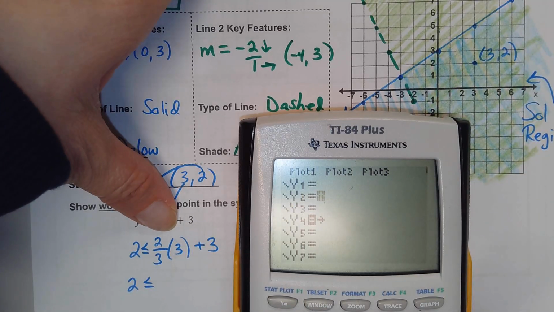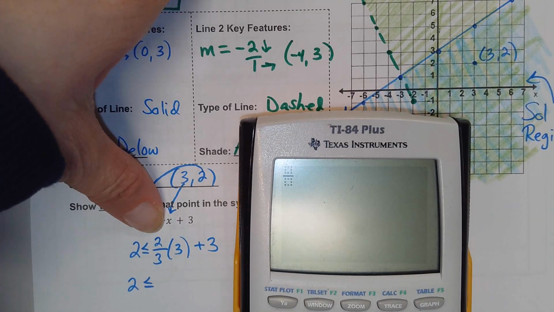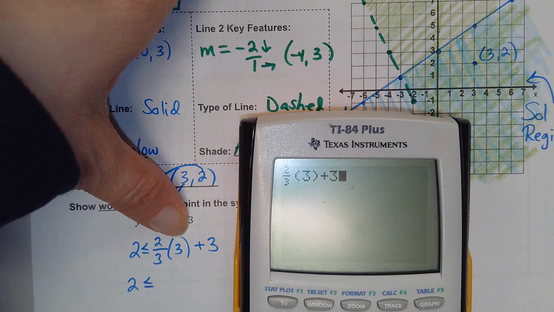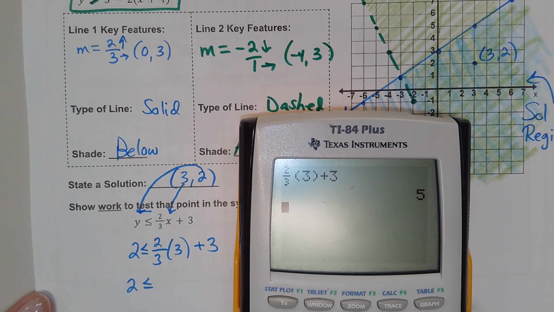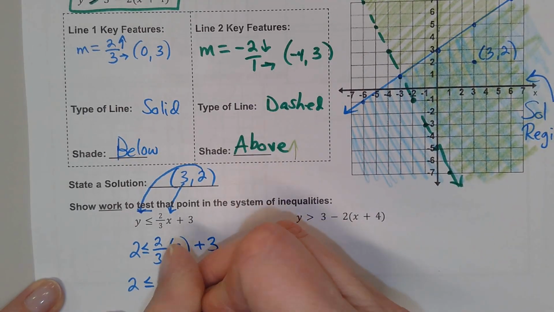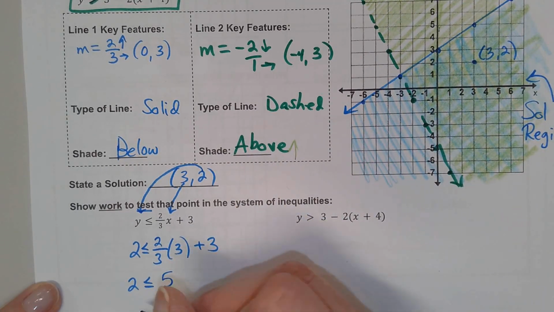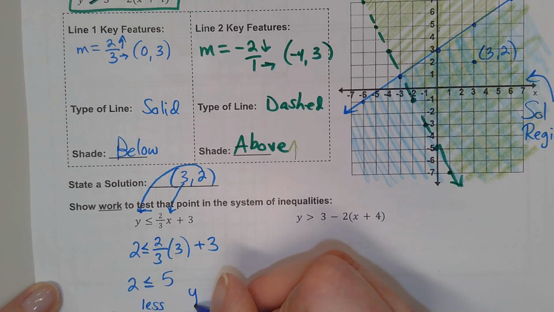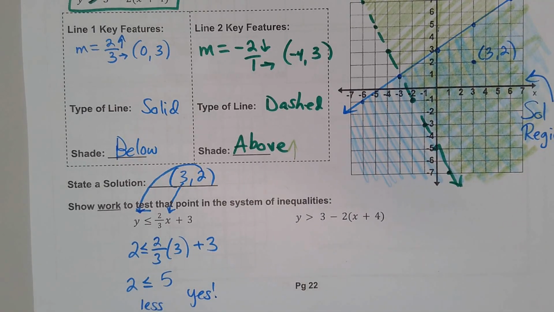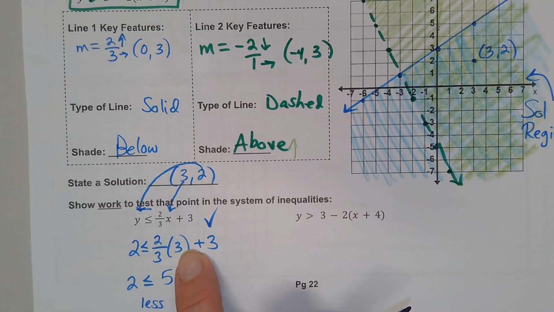We have the fraction 2 over 3 times 3 plus 3, and it makes a 5. Is 2 less than 5? And the answer is yes. It worked for the first inequality.